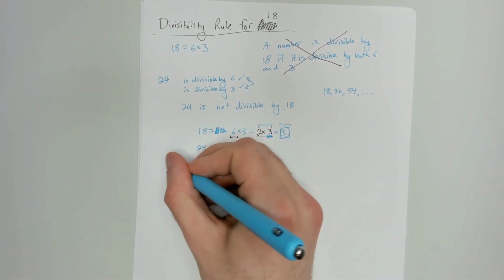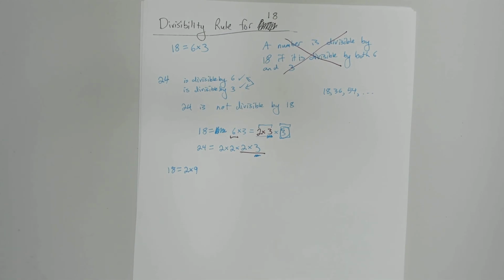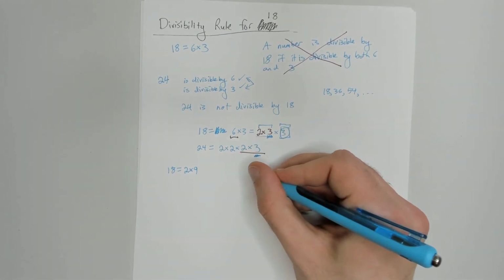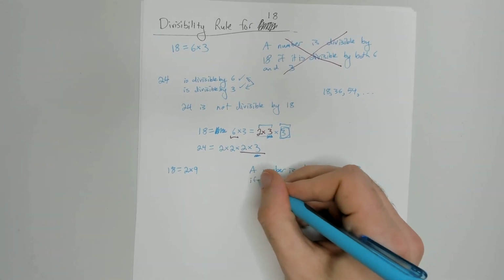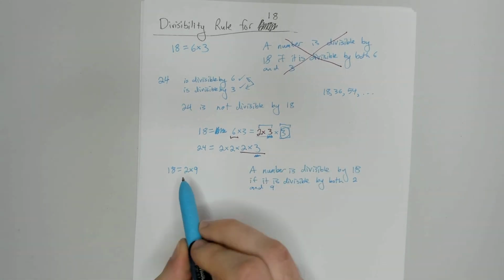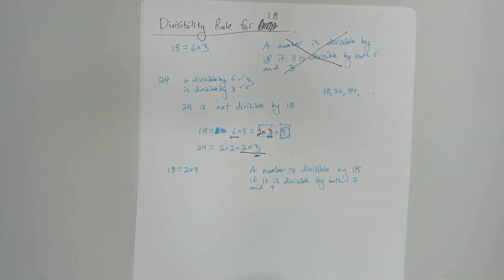Well, we know that 18 is also 2 times 9. And 2 and 9 are completely coprime to each other. They have no common factors. So we can say now that a number is divisible by 18 if it is divisible by both 2 and 9. So we don't have to worry about any common factors overlapping for these, because they are completely coprime with each other.